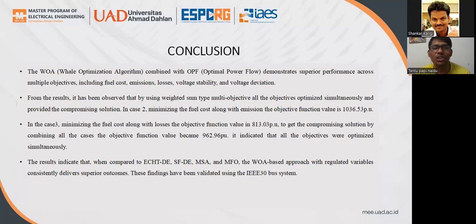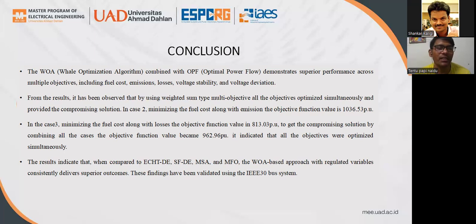In case 2, minimizing fuel cost along with emission, the objective function value is 1036.53 per unit. In case 3, minimizing fuel cost along with losses, it is 813.03 per unit. Combining all the cases, the objective function value becomes 962.96 per unit. It indicates that all the objectives were optimized simultaneously.